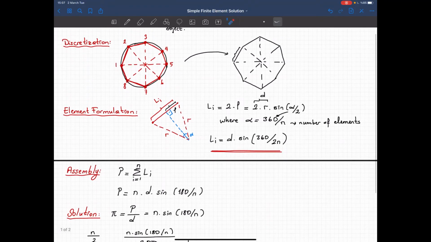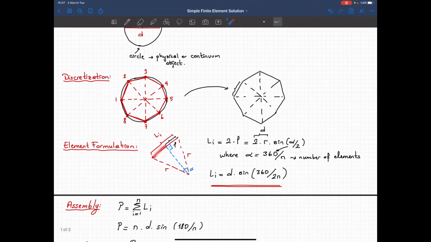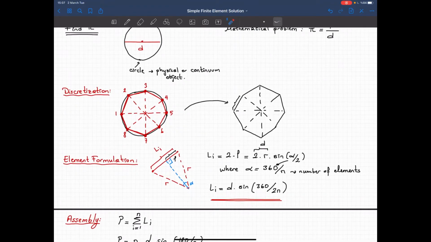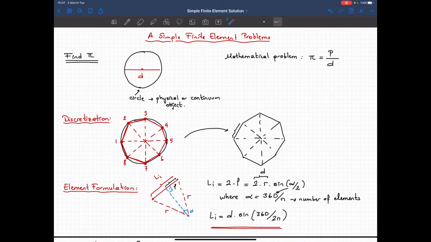So the next step is to come up with a certain trial function, a function that approximates the geometry that we want to model, and do the mathematical formulation, come up with certain equations, and test the performance of that trial function. Even though this is a very simple problem, it actually shows us all the steps of the finite element method. And we will repeat these steps in more complicated problems.